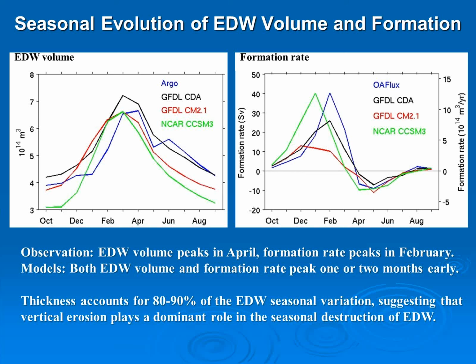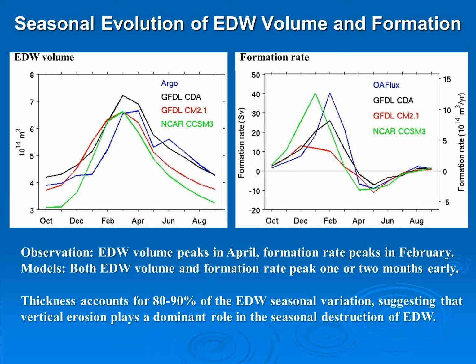The formation estimated from observations, the blue line, peaks in February, and the data assimilation model peaks at the same time, but it is weak. The two models peak 1 or 2 months early. This explains why the EDW volume peaks early. This is related to the bias in the model temperature, so in later months you don't have this outcropping of the water.